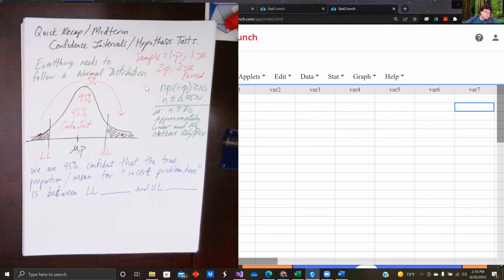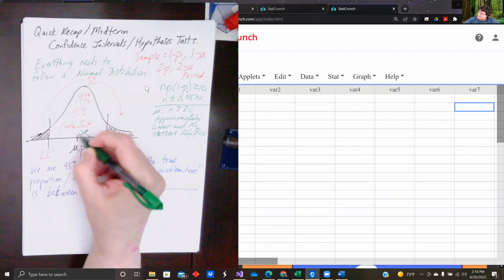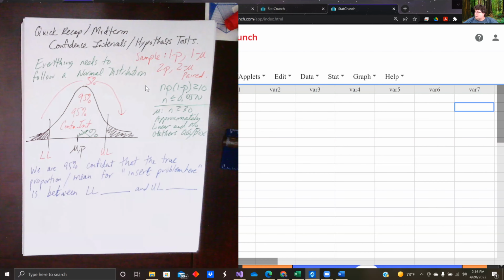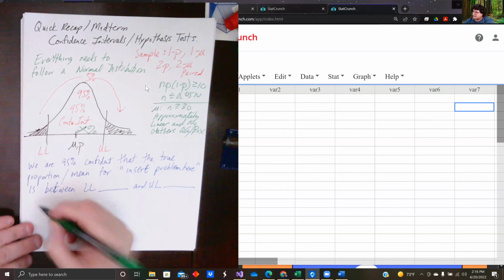Let's call the percentage inside here X%. How is this connected to a two-tailed test?